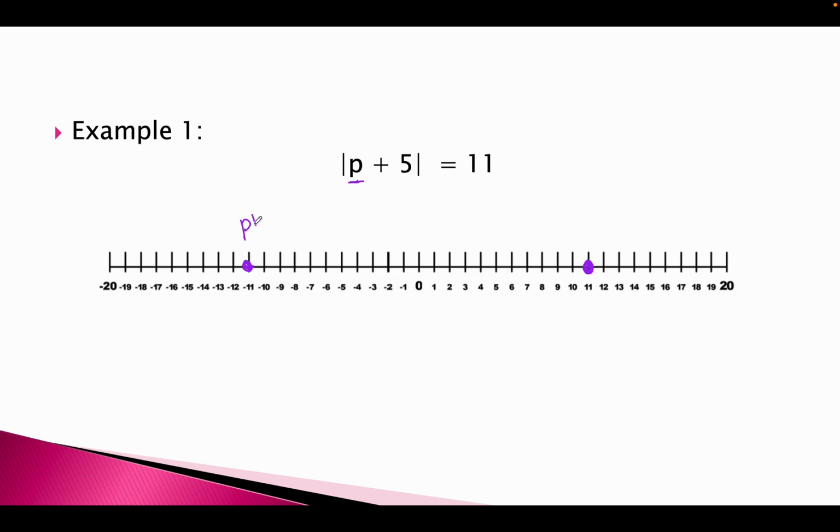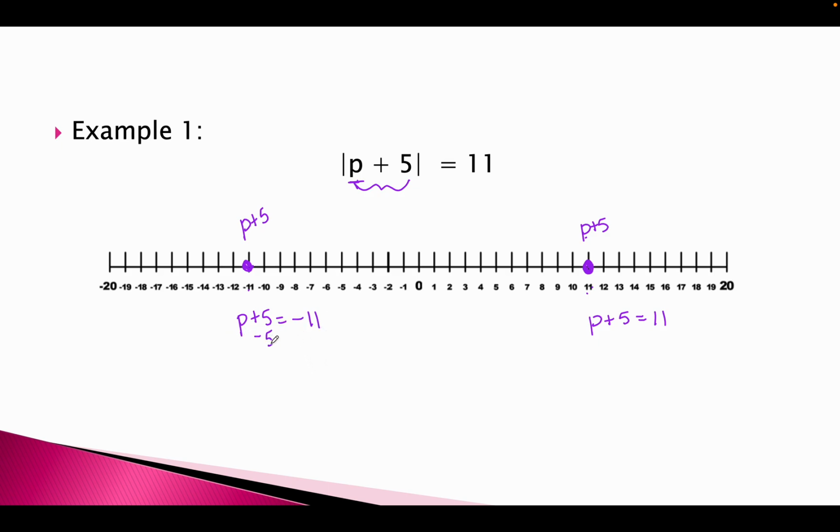But I want to know, that whole quantity p plus 5 could be negative 11, and that whole quantity could be positive 11. So we need to figure out what would p have to be to make this quantity equal to positive 11 and negative 11. You can do this in your head if you'd like, or you can write it out. We need to know what is p so that p plus 5 is 11, and what is p so that p plus 5 could also be negative 11.